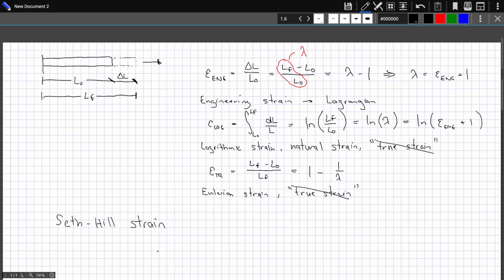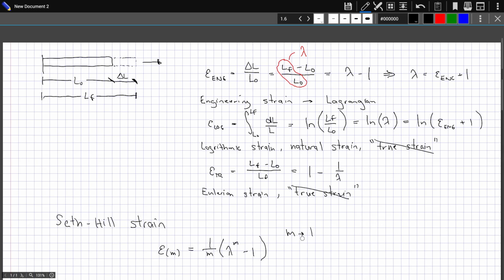In a Seth Hill strain, it's just a way to combine all of these. You have a parameter m, and then your equation is 1 over m times lambda to the m minus 1.